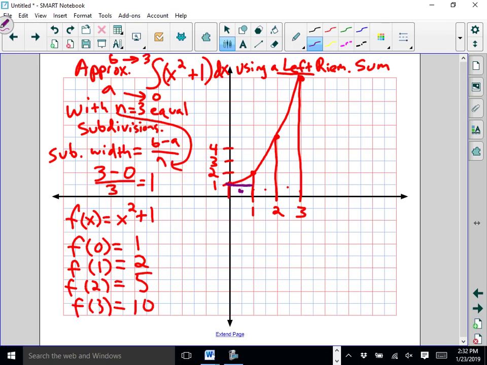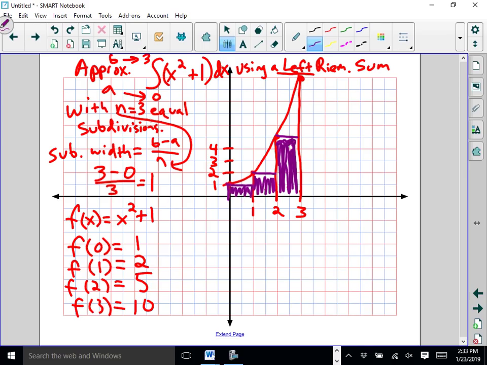So all I have to do now is find the area of those purple or blue or whatever the color is. The area of those 3 rectangles is going to be my approximation for this integral.